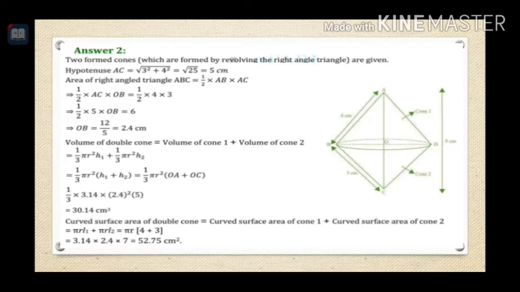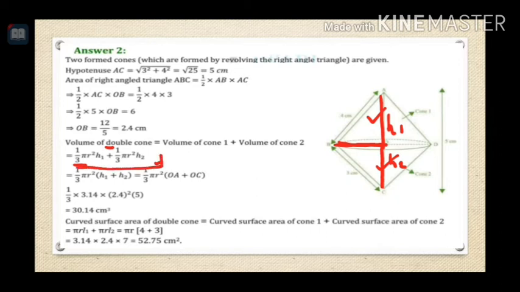Now the volume of the double cone will be volume of cone number 1 plus volume of cone number 2. For cone number 1, radius is 2.4, and consider the height as h1. Similarly, for cone number 2, radius is 2.4, consider the height as h2. So the volume of double cone is 1/3 pi r square h1 plus 1/3 pi r square h2.